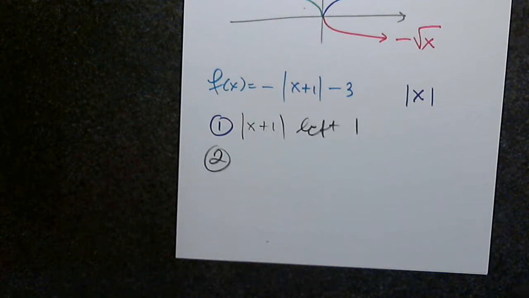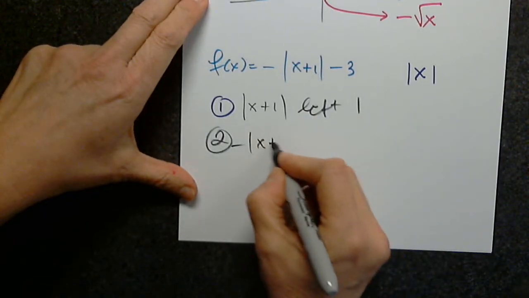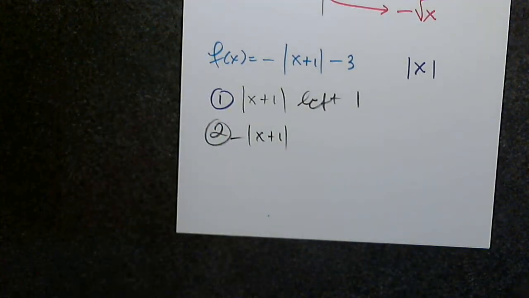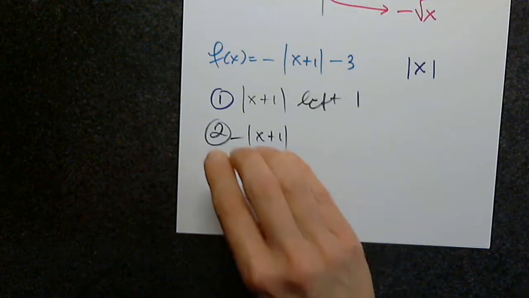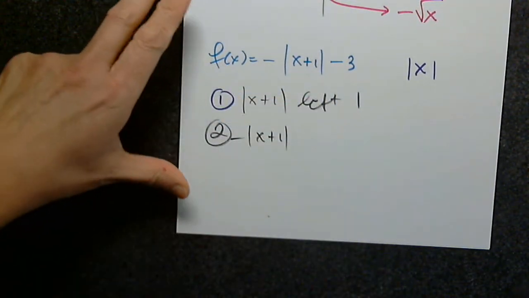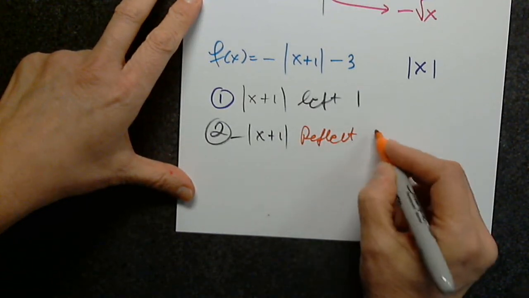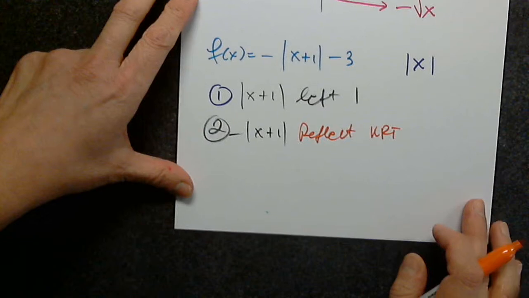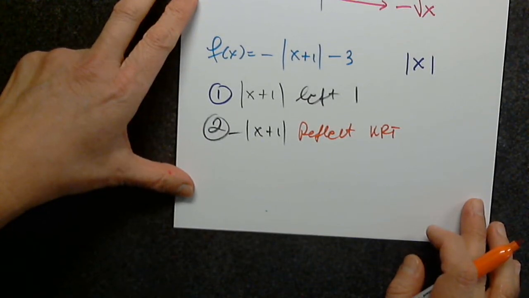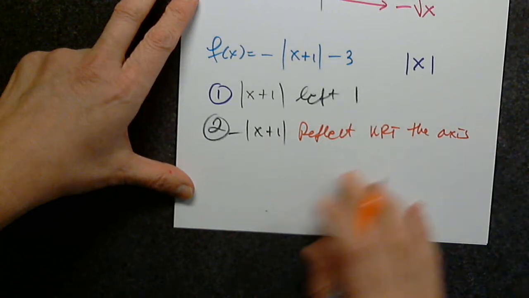It's a transformation on x. Sorry, it's a transformation on y. Very good. What does this operation do to this function? Reflect with respect to? Very good. Awesome. Thank you, Michelle.